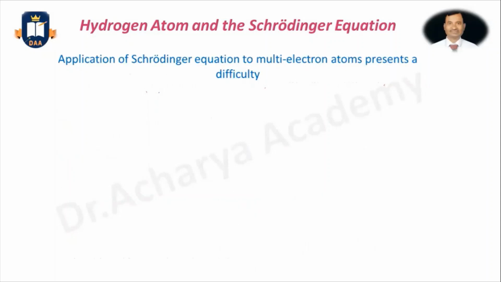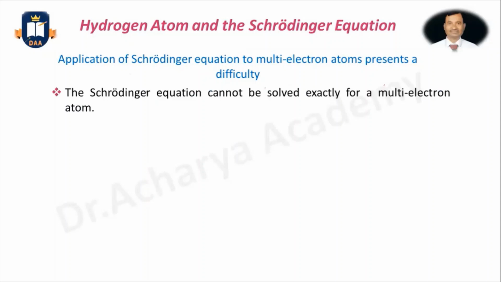In the application of the Schrödinger equation to multi-electron atoms, it faces some difficulty. That means multi-electron systems. What is this? The Schrödinger equation cannot be solved exactly for a multi-electron atom.